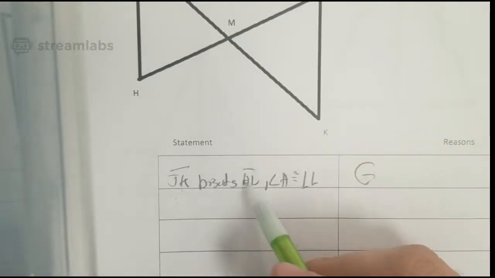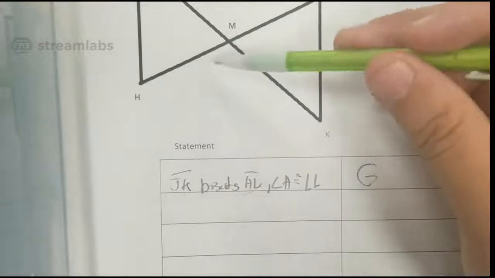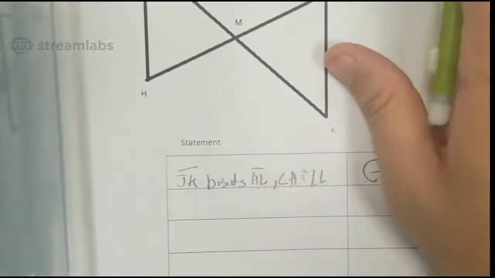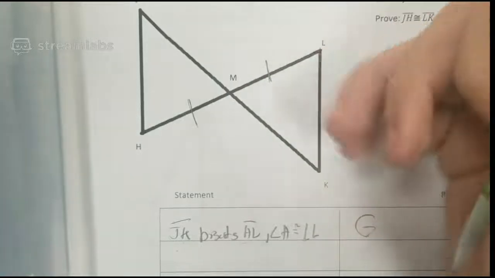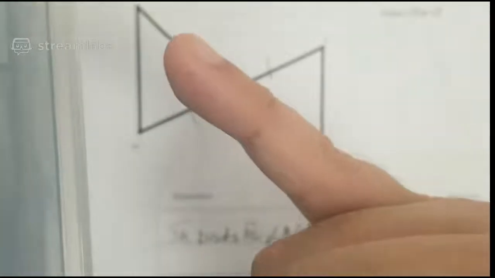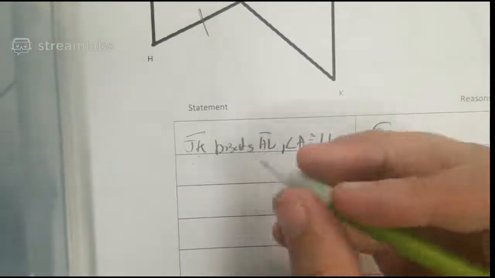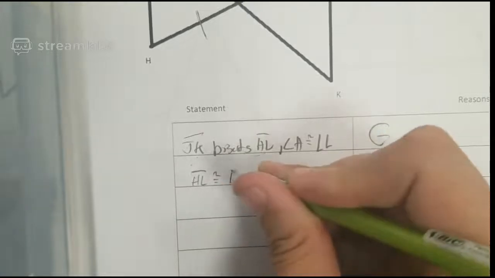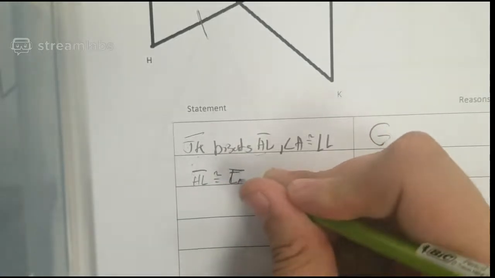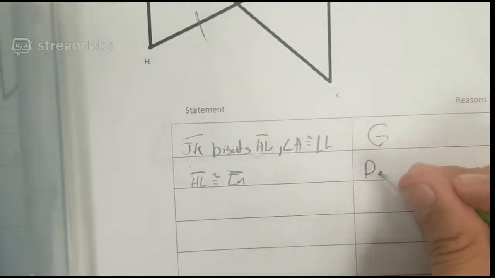If you had the period 4 test, it was reversed, so don't get upset if you look at your testing. This is different. HL is being bisected, so this piece right here equals this piece right here. HL is the one getting cut in half, so you have to think of it like that. Because of that, line HM is congruent to line LM, and that's because of the definition of bisector.